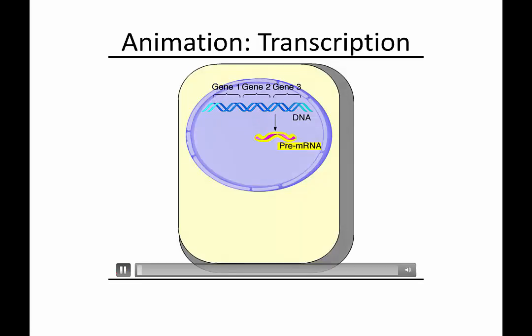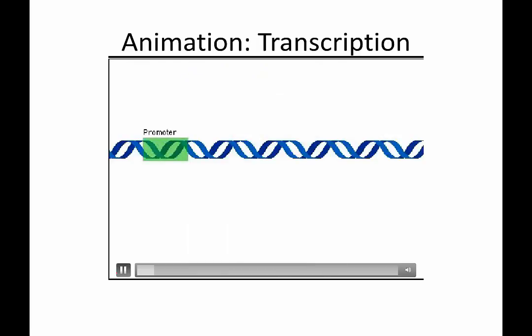The first step in protein synthesis is transcription of RNA from DNA. The portion of the DNA that is transcribed into an RNA molecule is called a transcription unit. An enzyme called RNA polymerase carries out transcription.